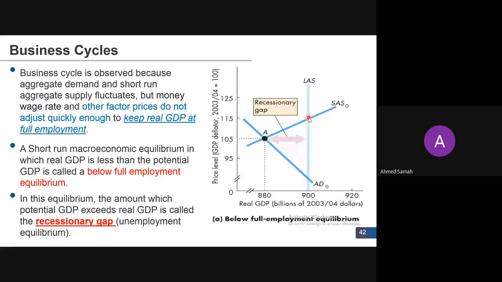So in this one you can see that the potential GDP is 900 billion dollars, but the short-term equilibrium has occurred at a lower quantity. That means we are actually below the full employment equilibrium, and there is a mismatch between the potential output and the real GDP in this case. As the real GDP is lower than the potential GDP, we are having a recessionary gap.